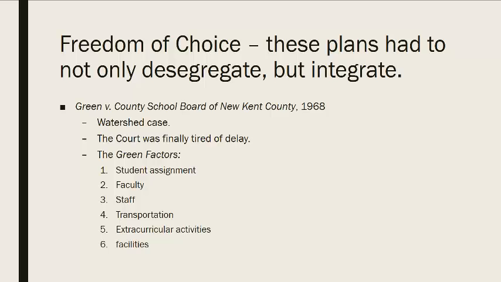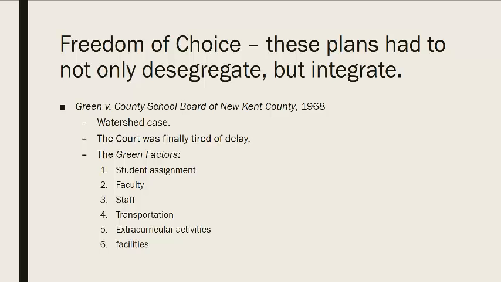So no longer could you have one high school 99% black and the other 4 high schools 99% white. If a third of your population were African American and 2/3 white, then all your schools had to represent that.